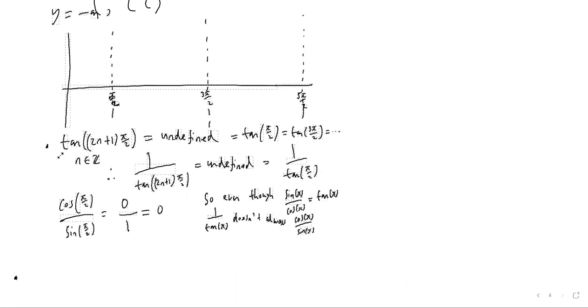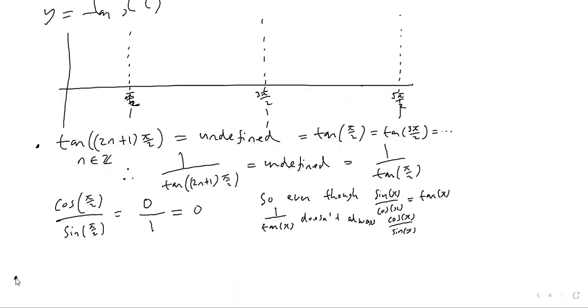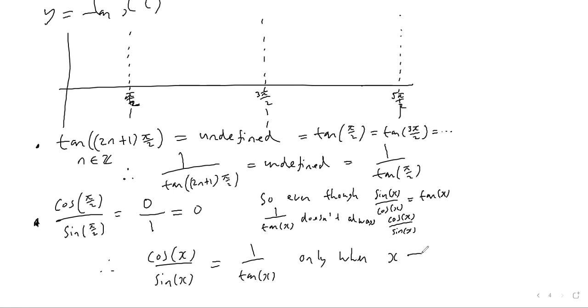But otherwise, no, these functions are going to be different when you have these odd multiples of pi over 2. So that means that cos x over sin x does equal 1 over tan x only when x does not equal pi over 2 times an odd number.